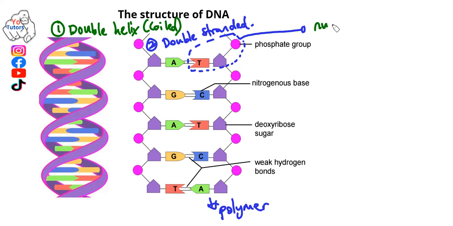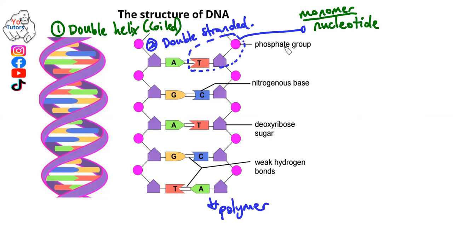So the building block of DNA is a nucleotide, and we refer to it as the monomer of the DNA structure.